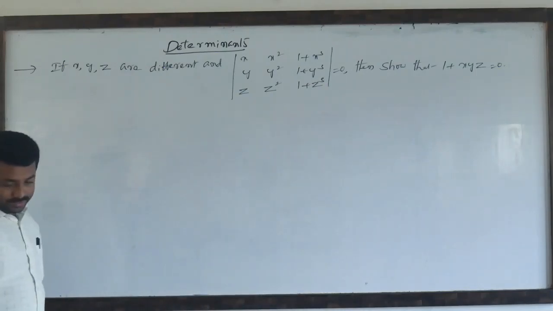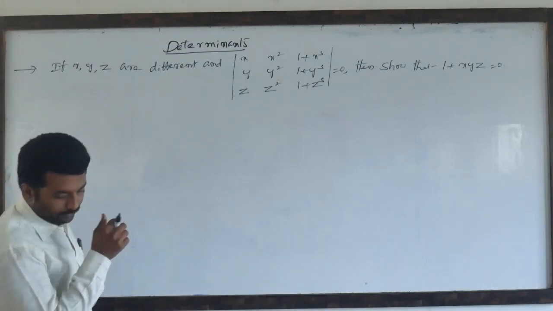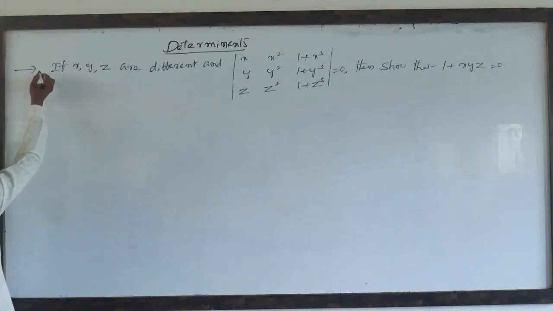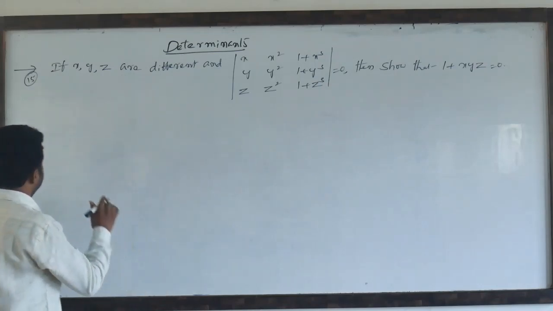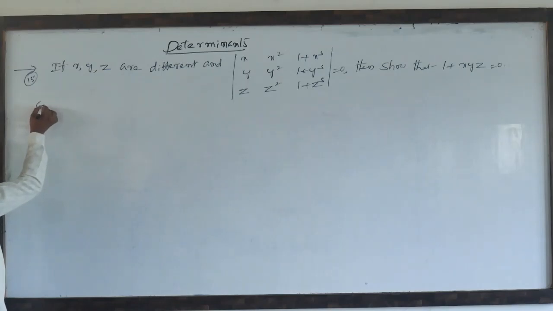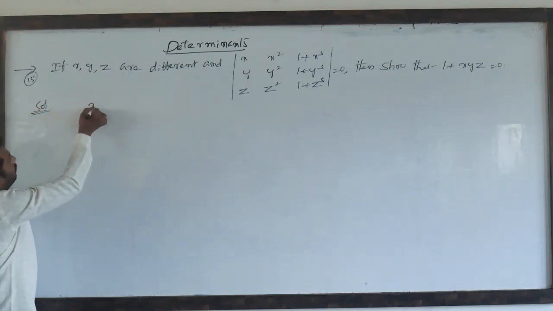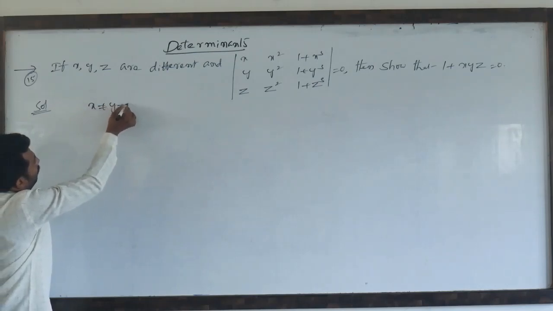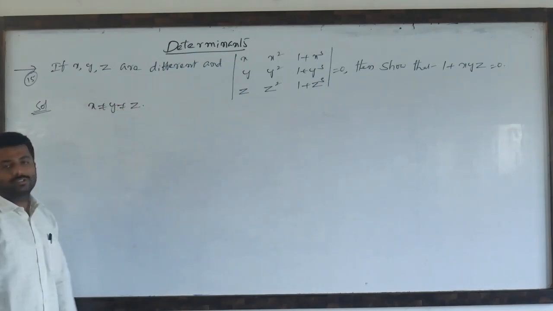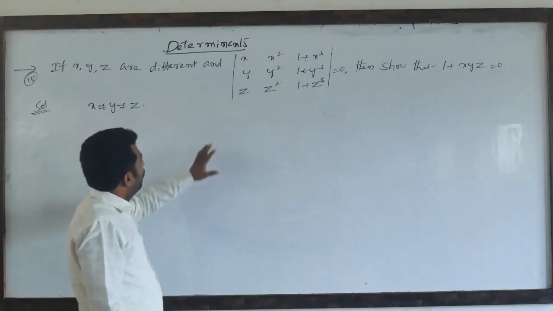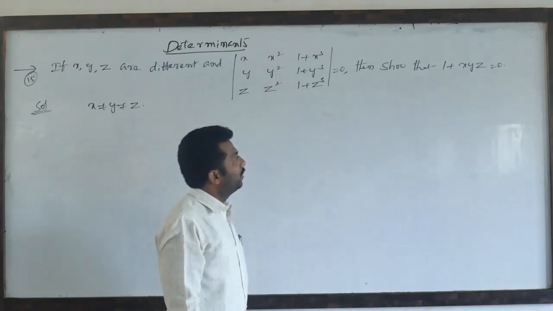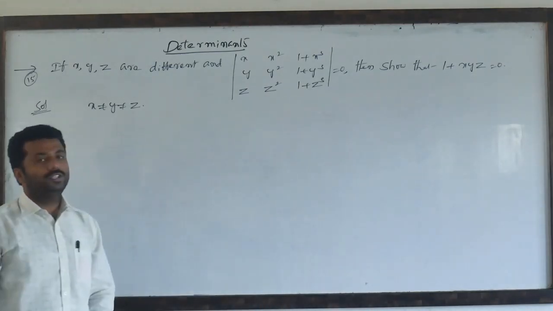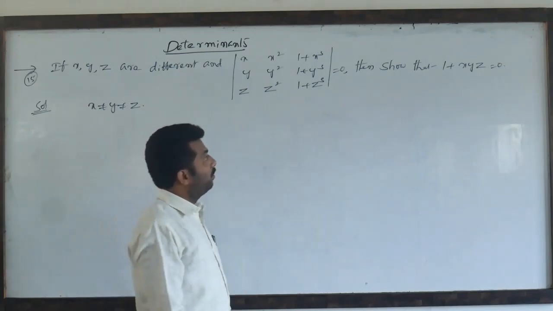Today we are going to discuss example number 15. If x, y, z are different, means x is not equal to y is not equal to z, and the determinant is equal to 0, then we have to show that 1 plus xyz equals 0. Some people may ask xyz equal to minus 1 like that.